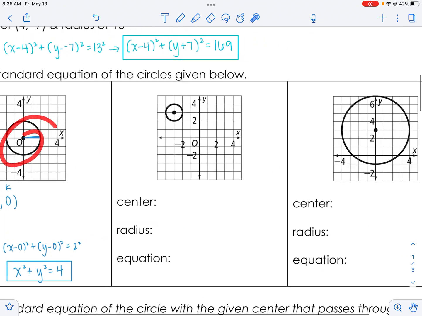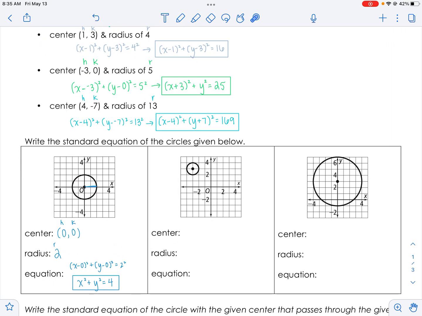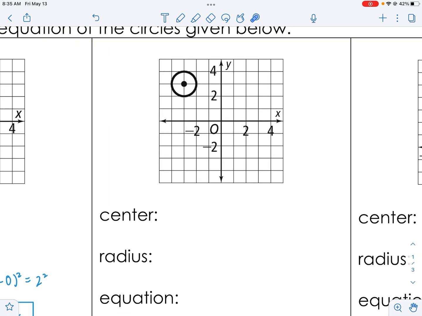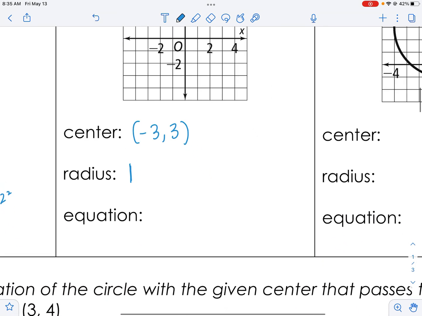So all you have to do is figure out the center and radius, and then it's just back up to what we were doing before. For this one, remember I go left and then up, so this one has a center at negative 3, positive 3. If I count that radius, it just goes 1 over, so my radius is 1.